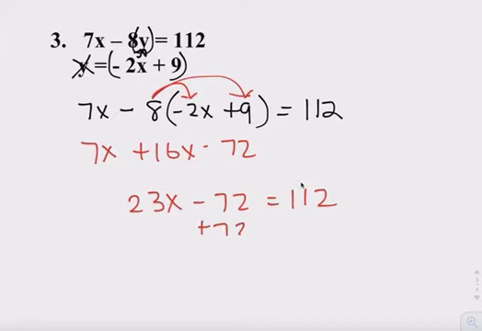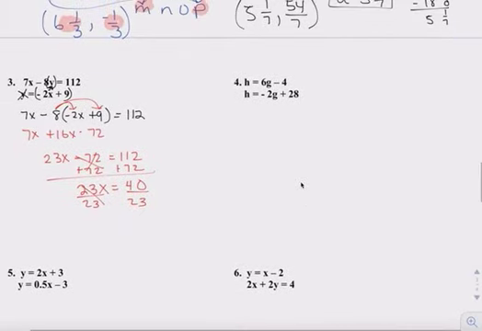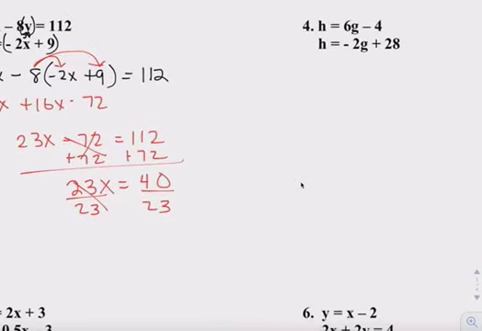Add 72. 23x equals 40, right? Divide by 23. X equals 40 over 23.